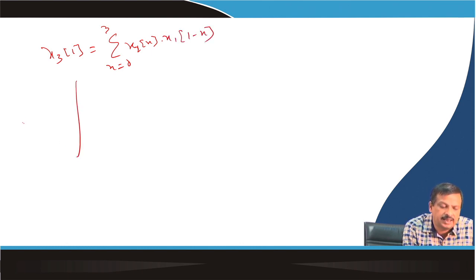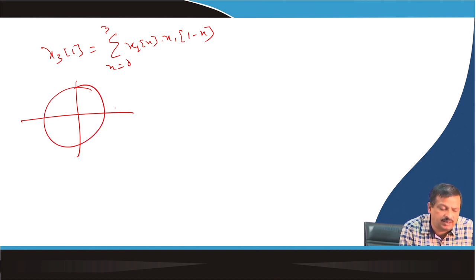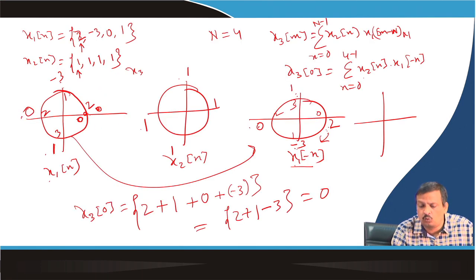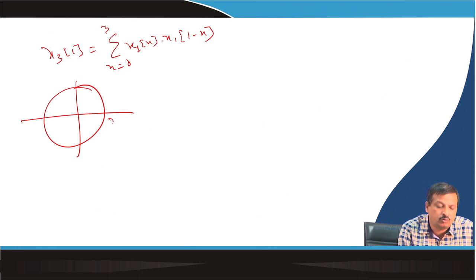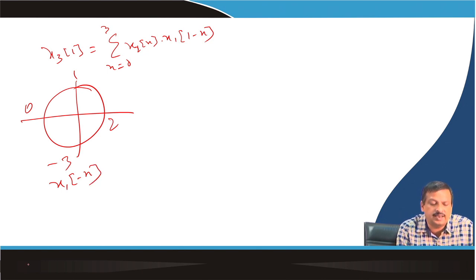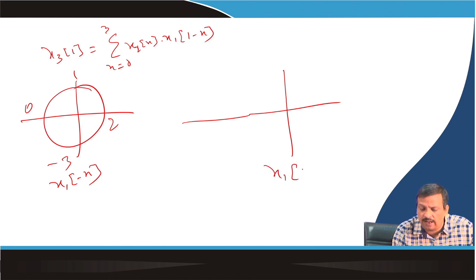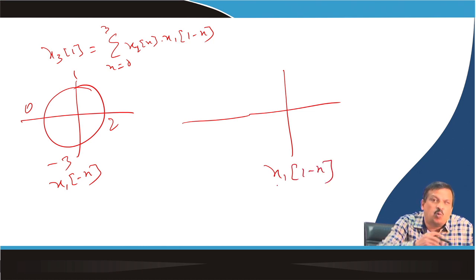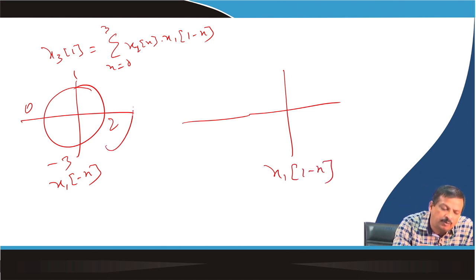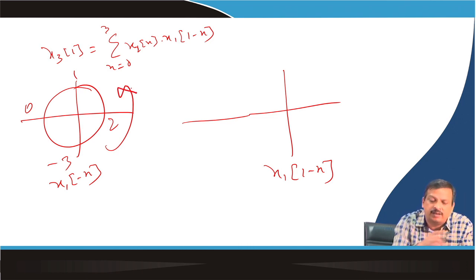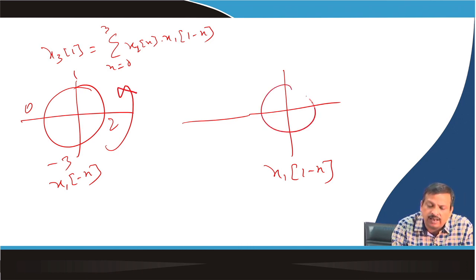If this is my x1, then 2, 1, 0, minus 3 is my x1[minus n]. x1[1 minus n] should be a positive shift by one, so I have to rotate this circle by 1. So, 2 goes to 1, 1 becomes here, 0 becomes 1, and minus 3 becomes here.